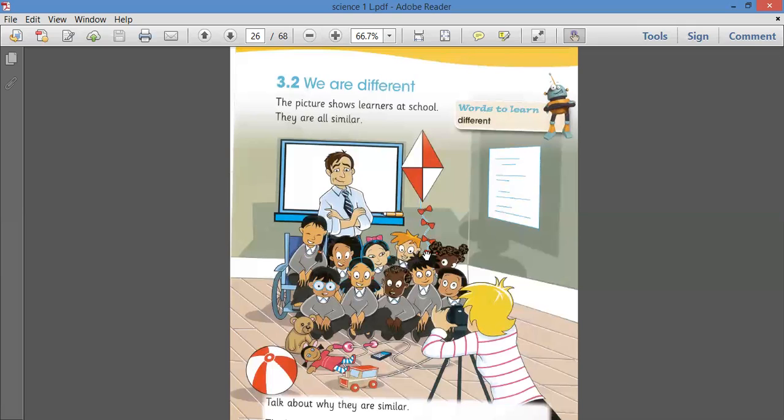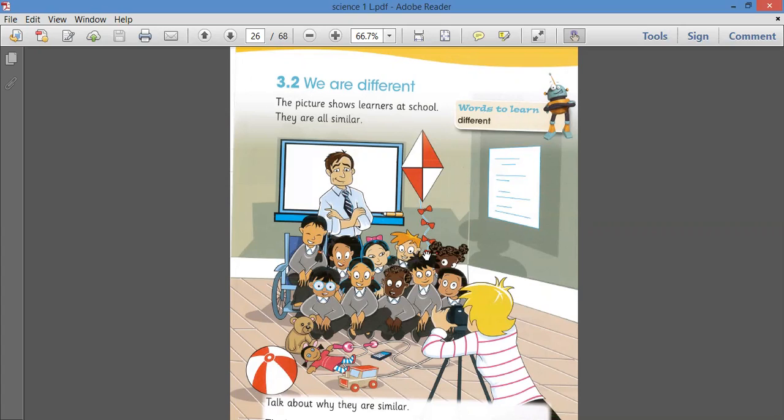So these are their similar characteristics. These things make them similar. This is how they are similar. First of all, they are sitting in the same class.